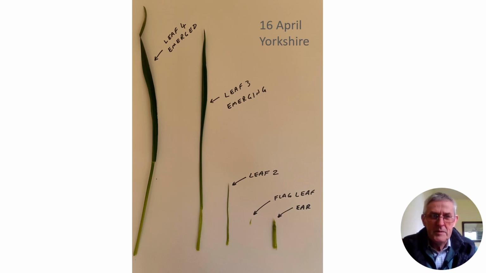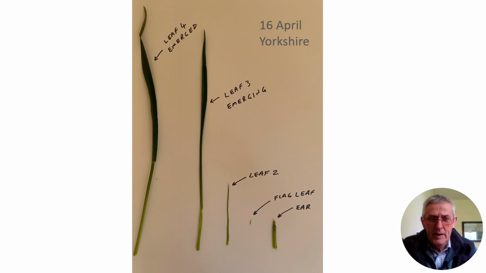So this was a wheat shoot that I took out of a field yesterday in Yorkshire, and what I've done is just snapped off the remainder of the shoot below the highest node that I could feel in the stem.